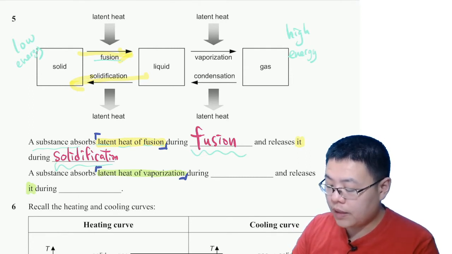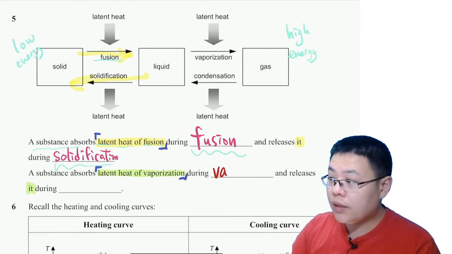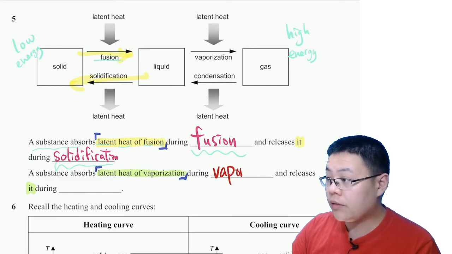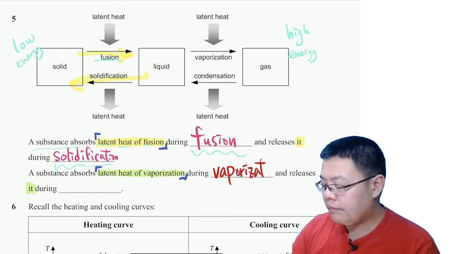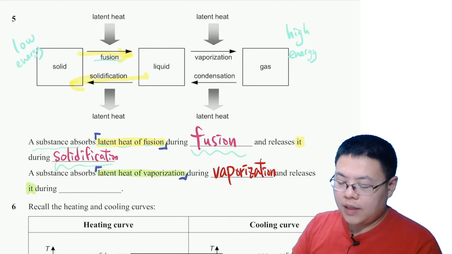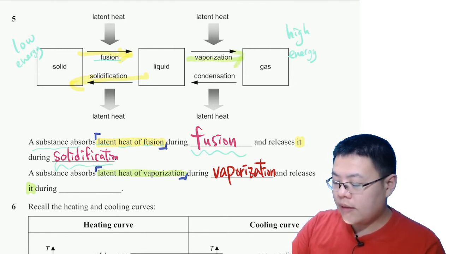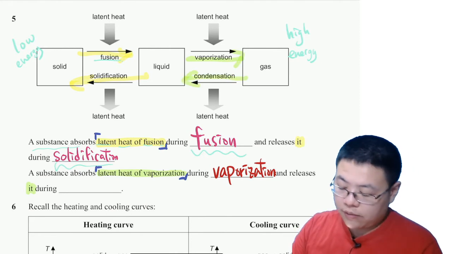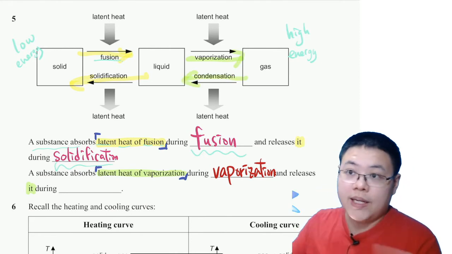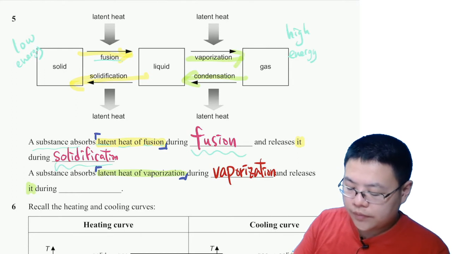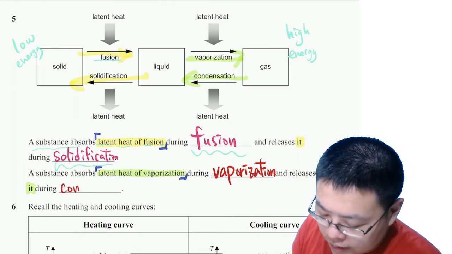It is from liquid to gas, so it's vaporization. And then on the other hand, when it goes back to liquid, it will release the energy. So this is condensation.